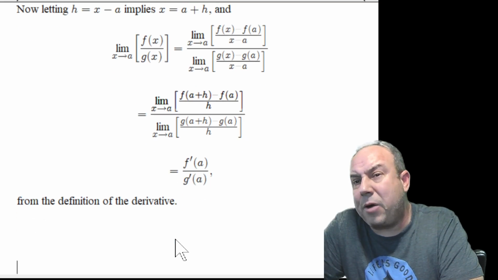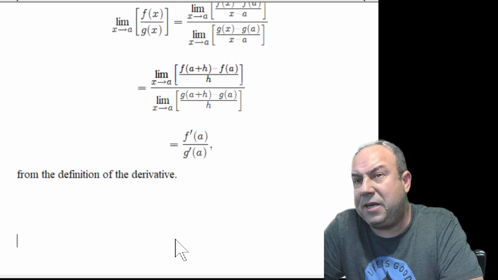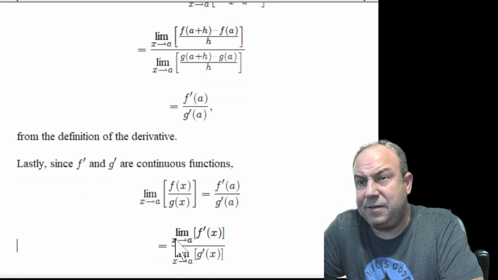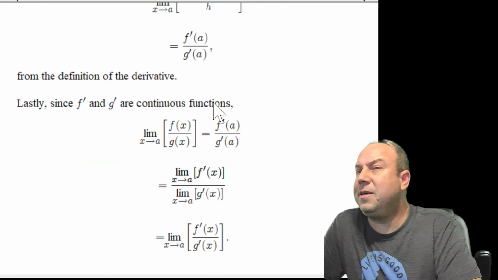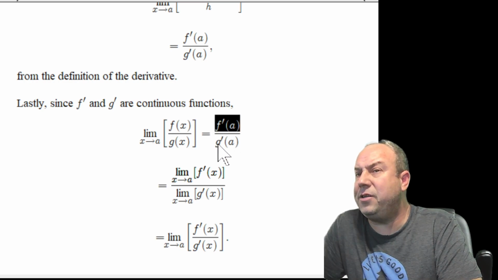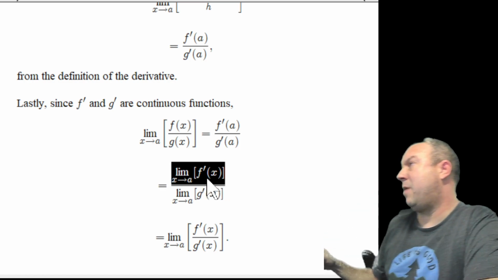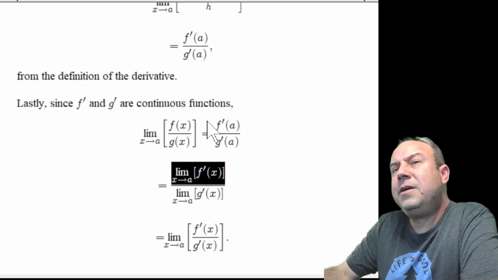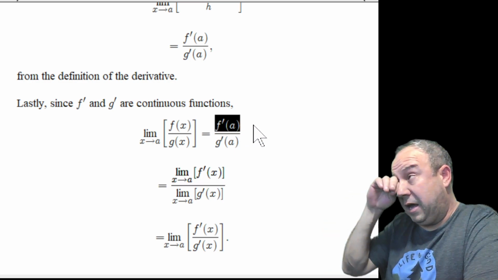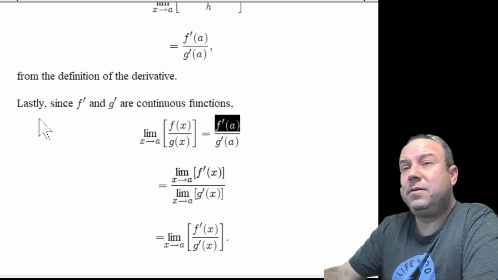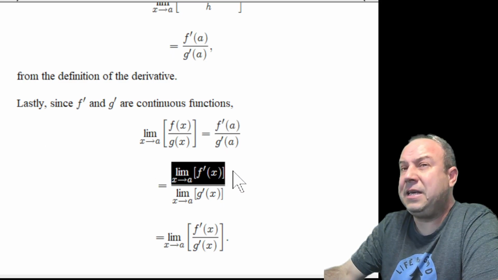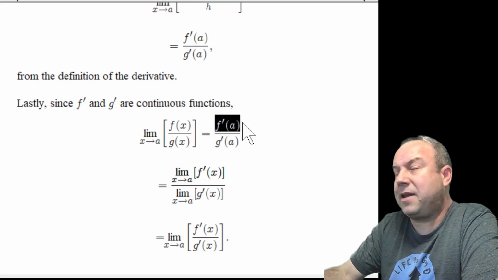And since f prime and g prime have to be continuous at a, what that implies is that these results for f prime of a and g prime of a must then be equal to the limit as x approaches a for f prime of x. Remember, that's what it means to be continuous at a point. To be continuous at a, for f prime, the limit as x approaches a for f prime of x must equal f prime at a.